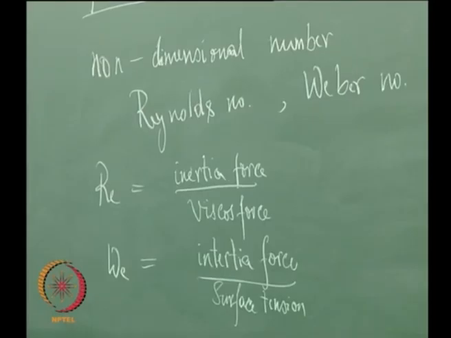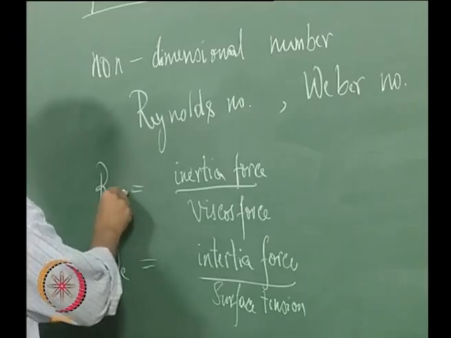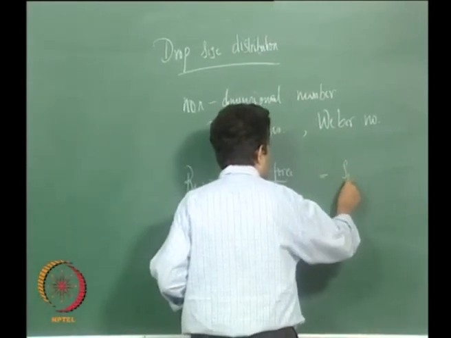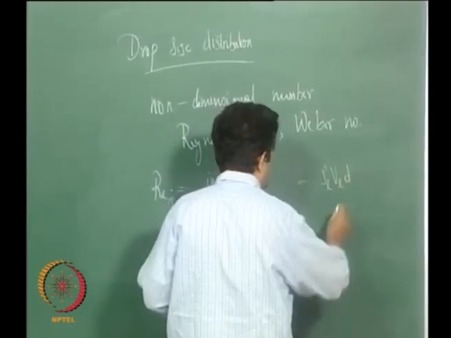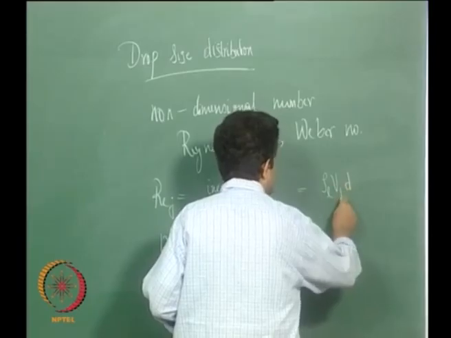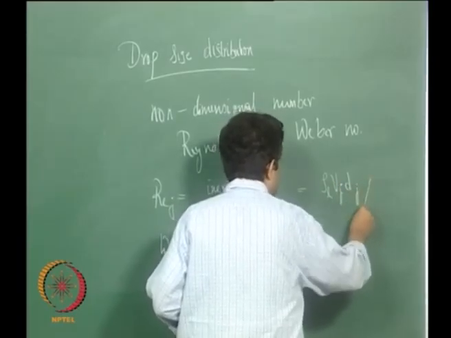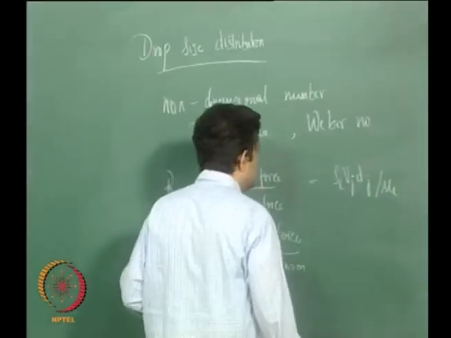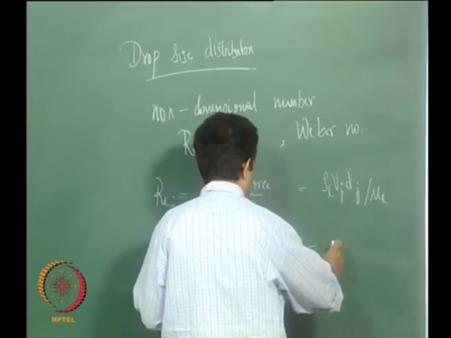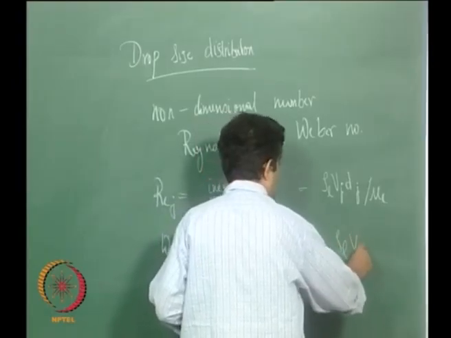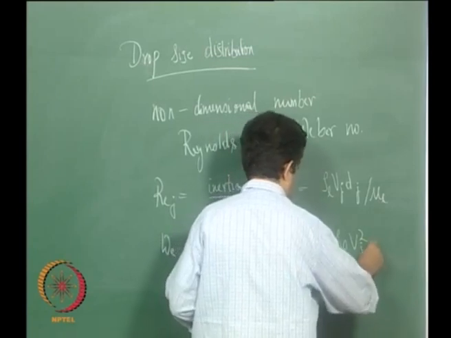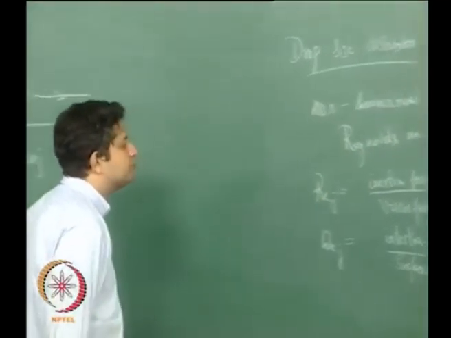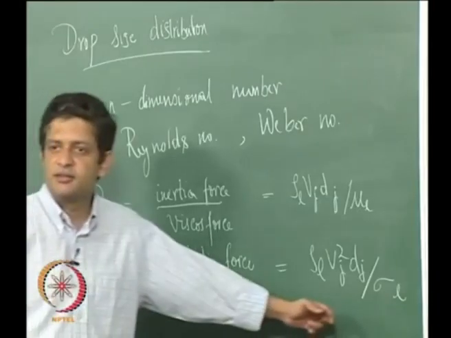So we can express the Reynolds number, where I put the suffix j to indicate jet, as rho L V J times the jet diameter over the viscosity, right. Then the Weber number is rho L V J squared times the jet diameter over sigma, where sigma indicates surface tension.